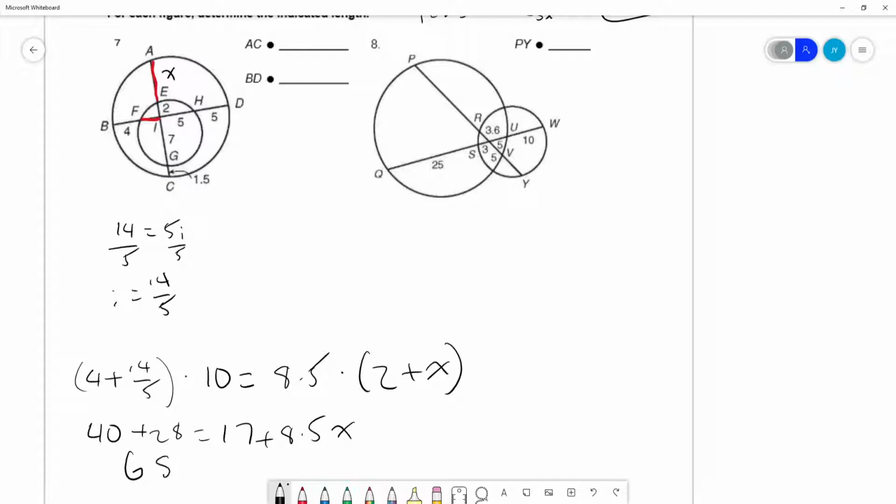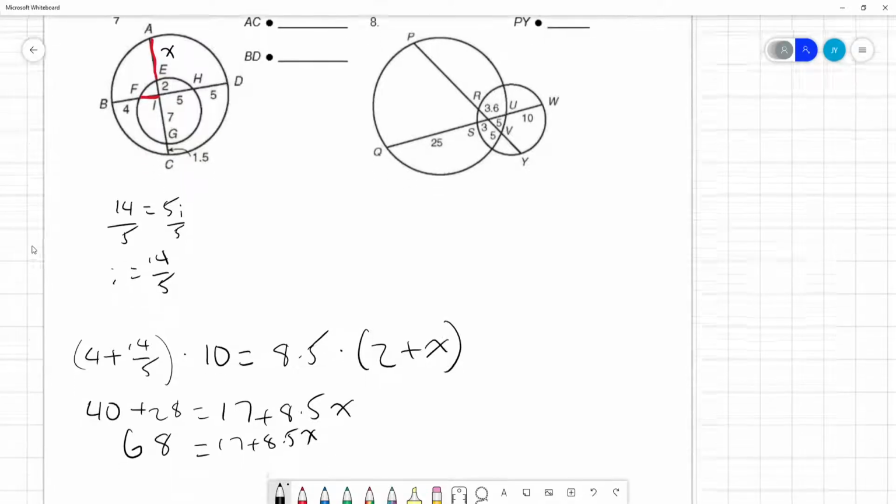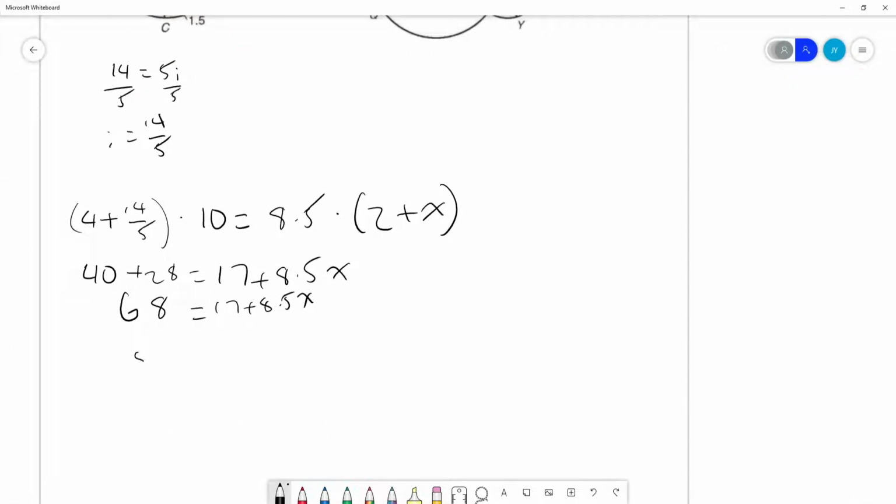Add these like terms up: 68 minus 17 is 51, which is equal to 8.5x. So x is going to be equal to 6 here.